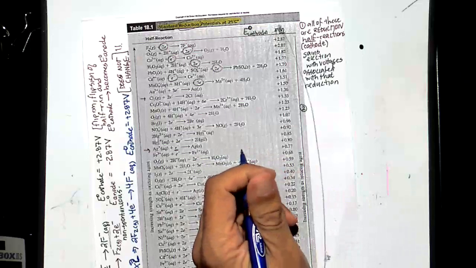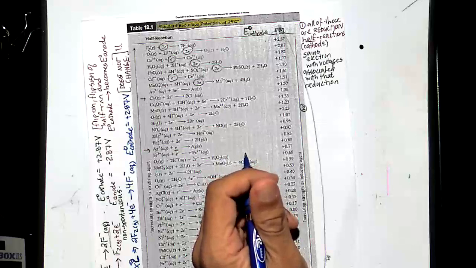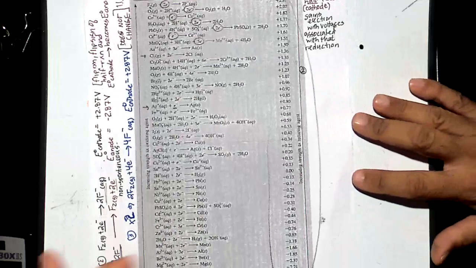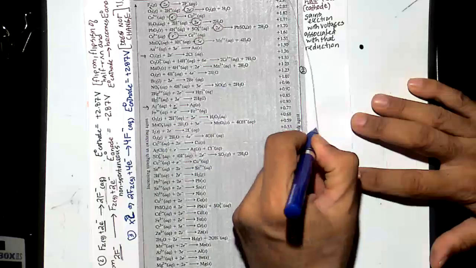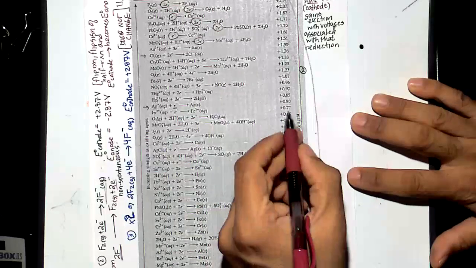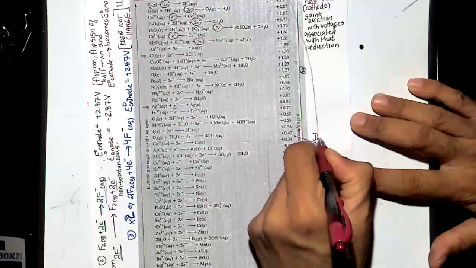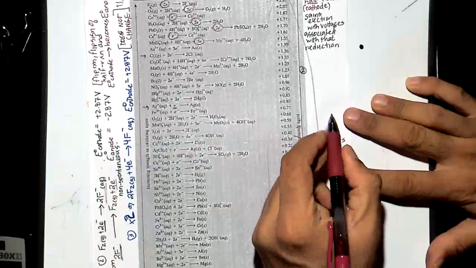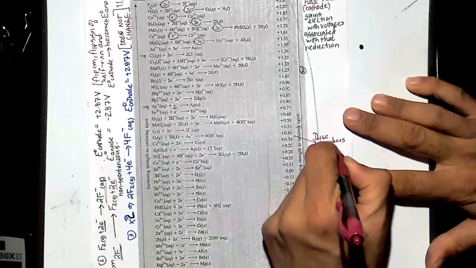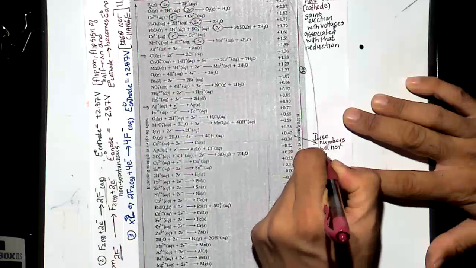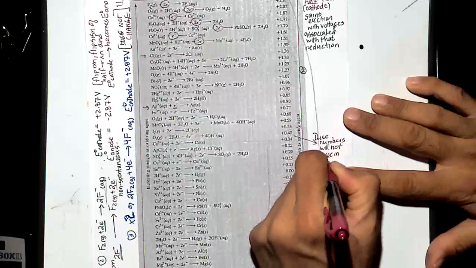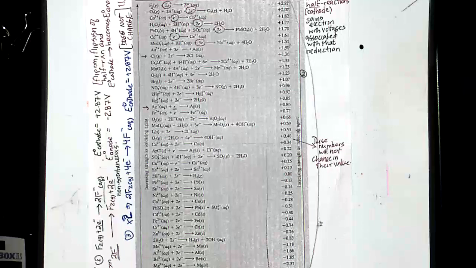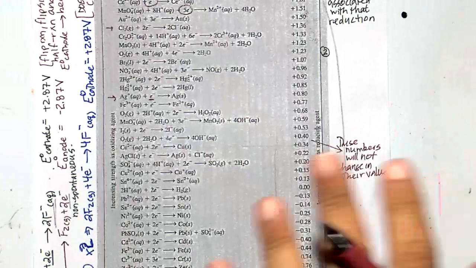If you multiply this half reaction by 2, or multiply it by 1/2, or you multiply it by 3, these numbers will not change in their value.